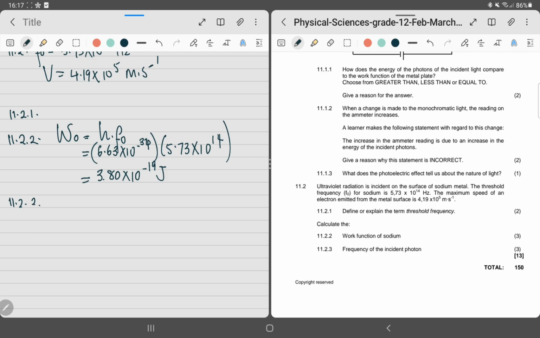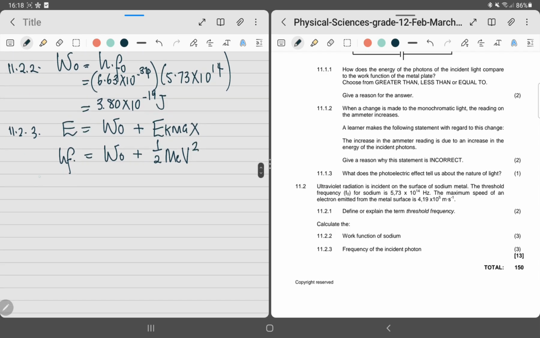11.2.3. The frequency of the incident photon. Energy should be equal to the work function plus EK max. E is given as h multiplied by the frequency, equals the work function, plus half the mass of the electron, v squared.